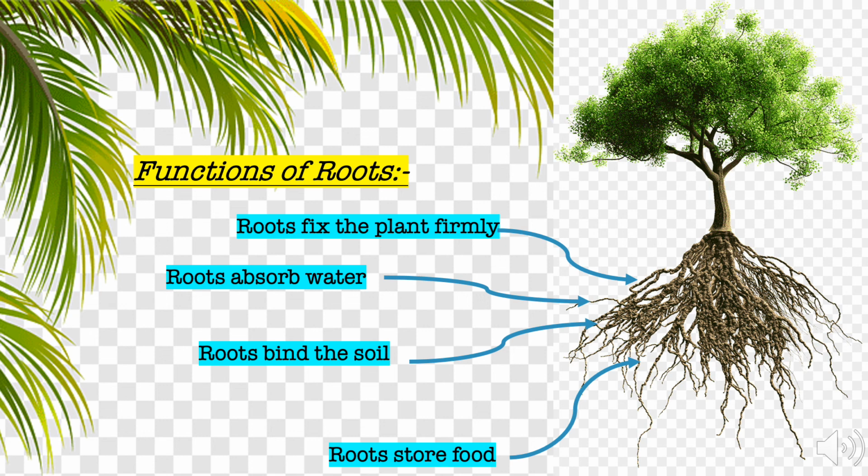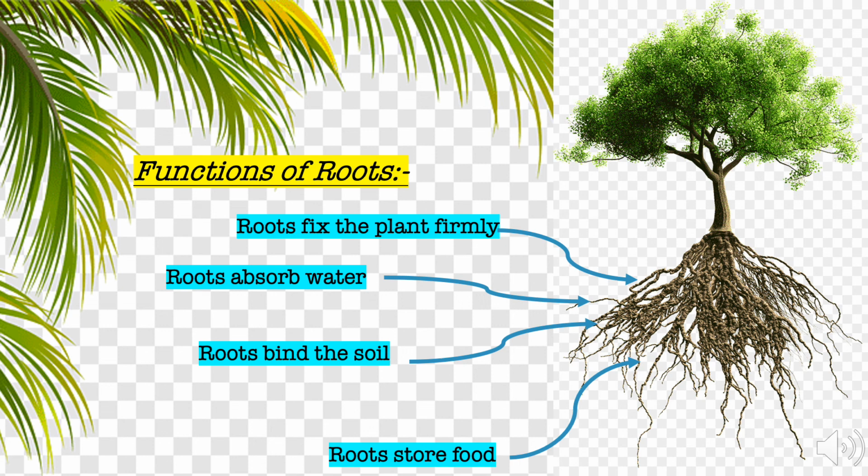The third type we discussed was tuberous roots. These were a few vegetables which we eat, and those were carrots, turnips, and radish. These are basically roots, but we humans use them as vegetables. Then we discussed one very nice and different kind of root, which was aerial root.